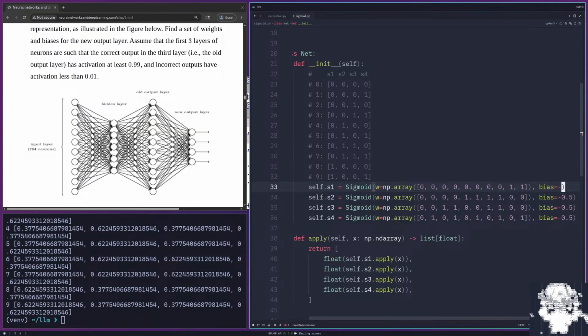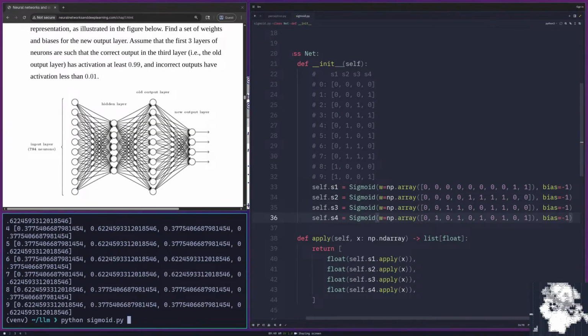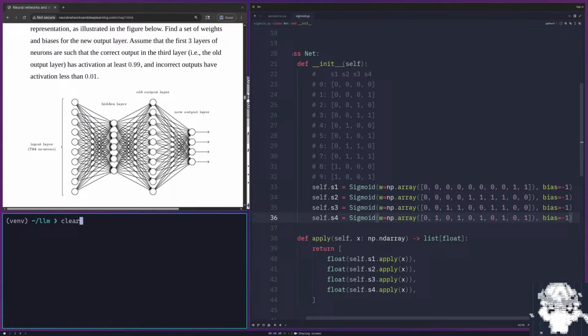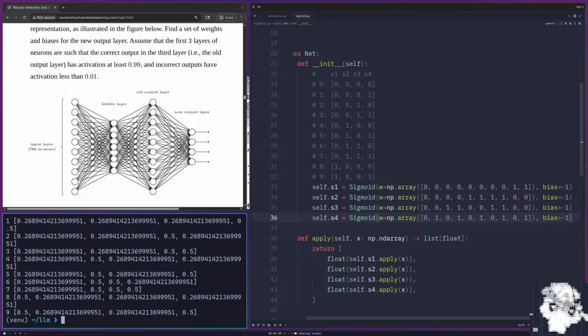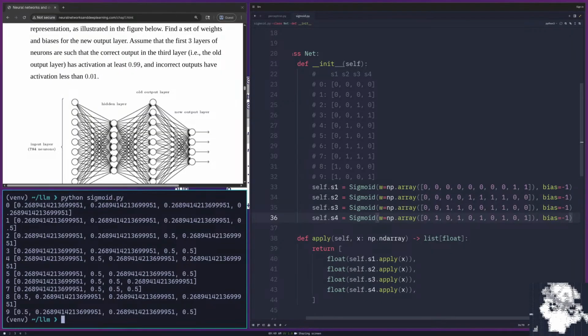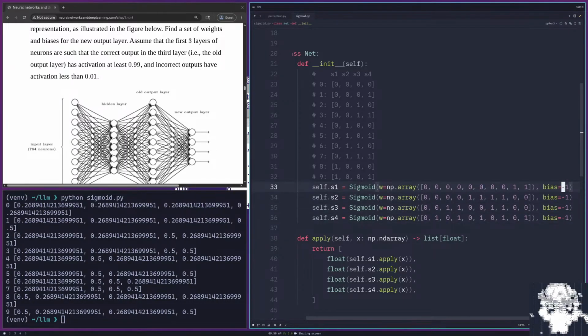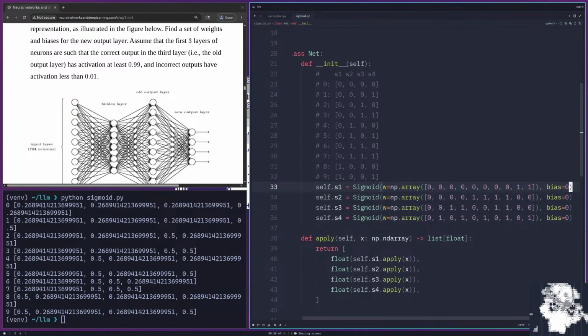Maybe a bias of negative 1. No, I'm not sure. Hold on, let's go back to just 0s and 1s.